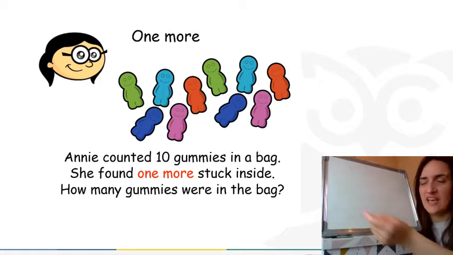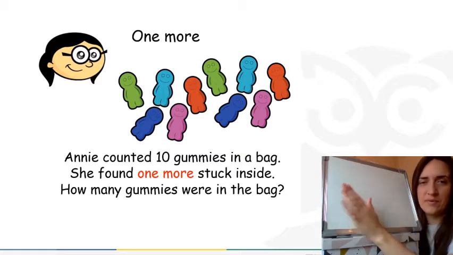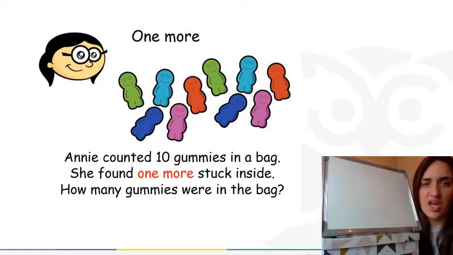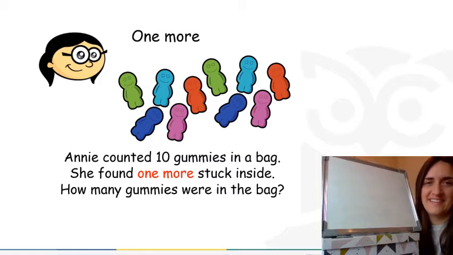After she'd taken all the gummy bears out of the bag and laid them down, just like they are on your screen, she found 1 more stuck inside. So how many gummies were in the bag?